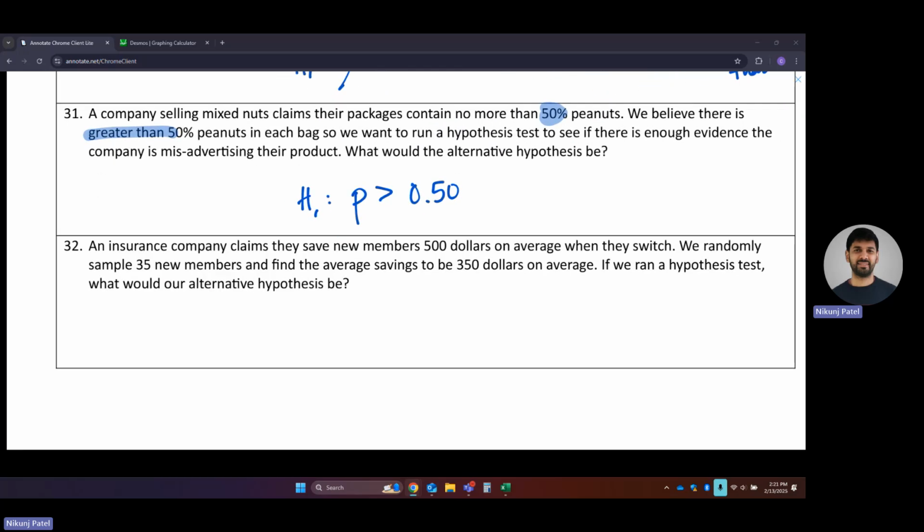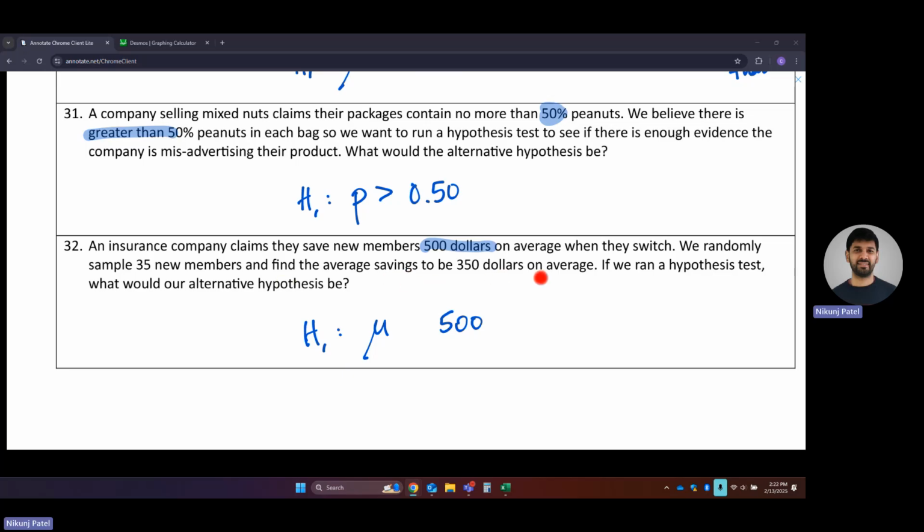And the last one right here, talking about $500 saved on average. So that's a mean. So this is definitely going to involve mu, and I just need to determine what's the symbol? Mu something 500.